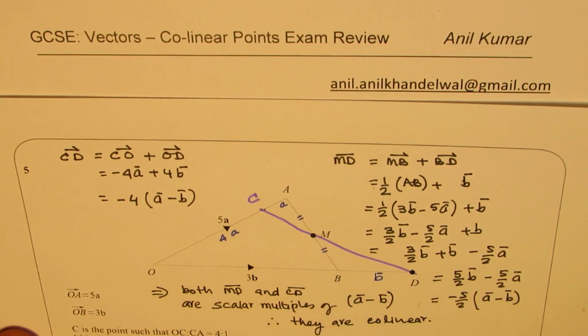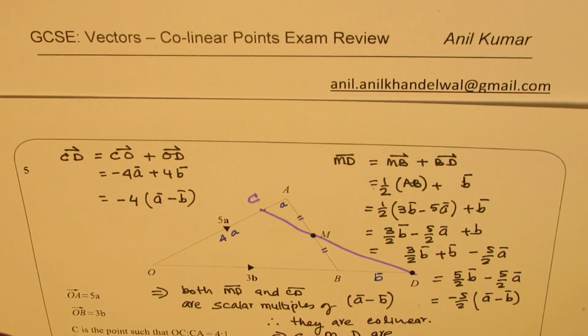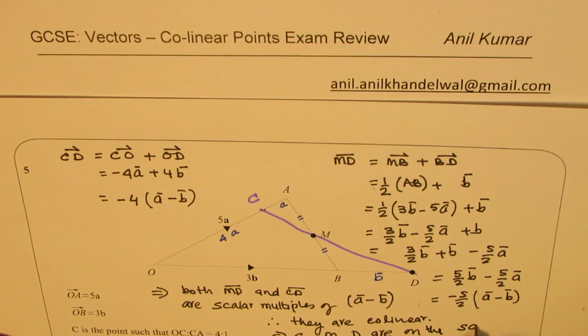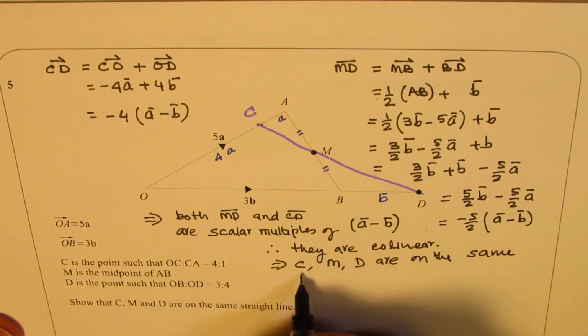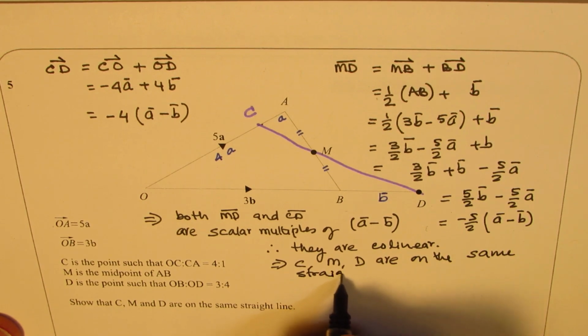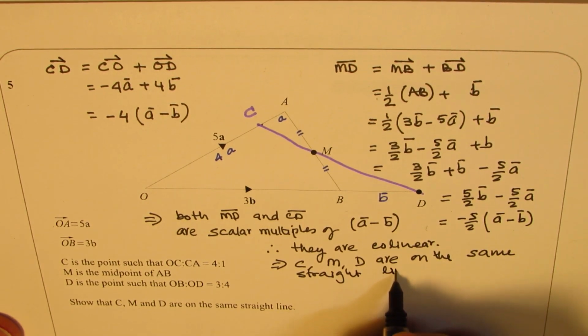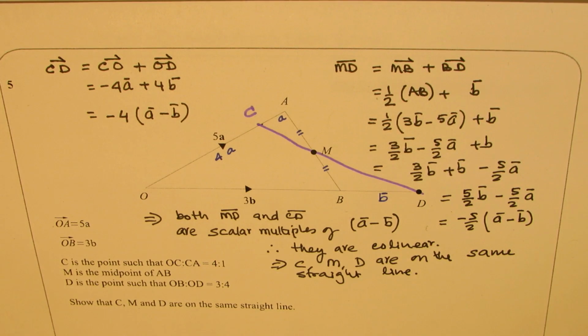So all the 3 points are on the same straight line, right? So that implies that C, M, and D are on the same straight line, correct? Perfect. So I hope the steps are absolutely clear.